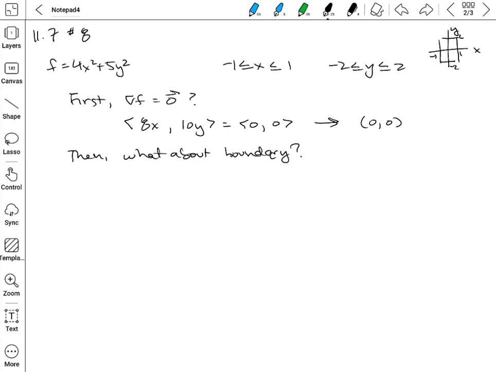And inside the rectangle, we already checked that the only place where f changes direction and might be a maximum or minimum is at (0, 0). But then we also want to check if x is bigger or smaller than that value on all the edges. So we're looking at a cutout of a shape that might be like a bowl or something.